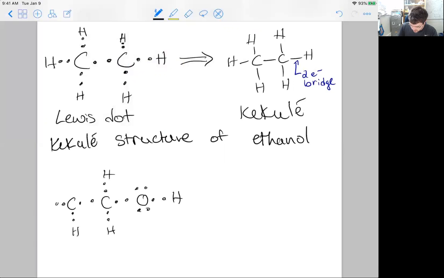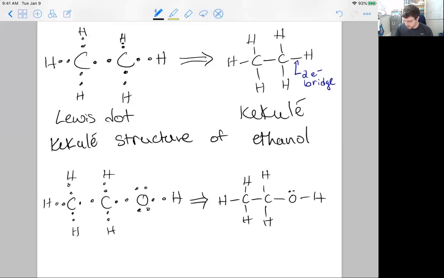Now there's an important caveat when we're drawing Kekule structures of molecules with more complex elements than carbon and hydrogen. Complex really isn't fair. What I'm saying is, well, let's just look at an example. So that's a little sloppy. Let me clean this up. So hydrogen, line to carbon, line to carbon, line to oxygen, line to hydrogen, hydrogen, hydrogen, hydrogen, hydrogen.